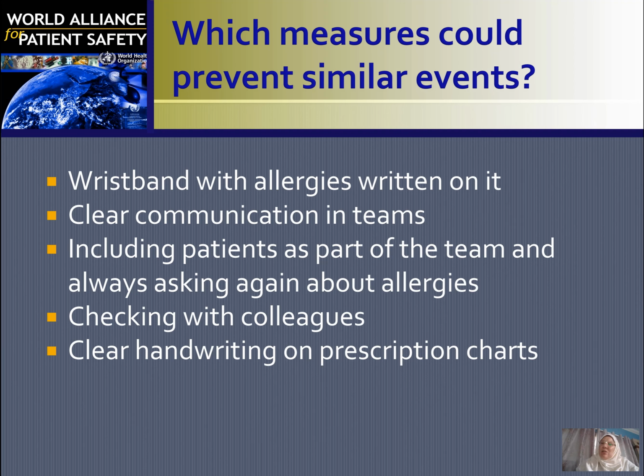If the patient denies any allergies, it should say no allergies known. If you're not sure, or the patient isn't sure, you can check with relatives or with colleagues and so on. And finally, clear handwriting on prescription charts is also important for good, safe medicine administration.